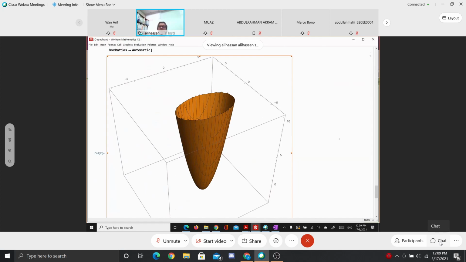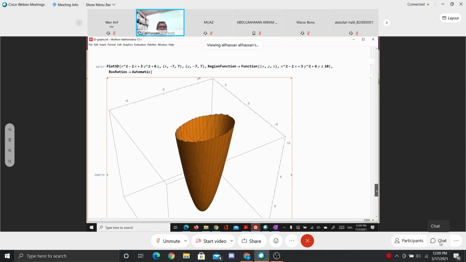Our UTM used to subscribe to Mathematica. But UTM has MATLAB. So I don't know how to generate this using MATLAB. If you are familiar with MATLAB, maybe you can generate this surface using MATLAB.